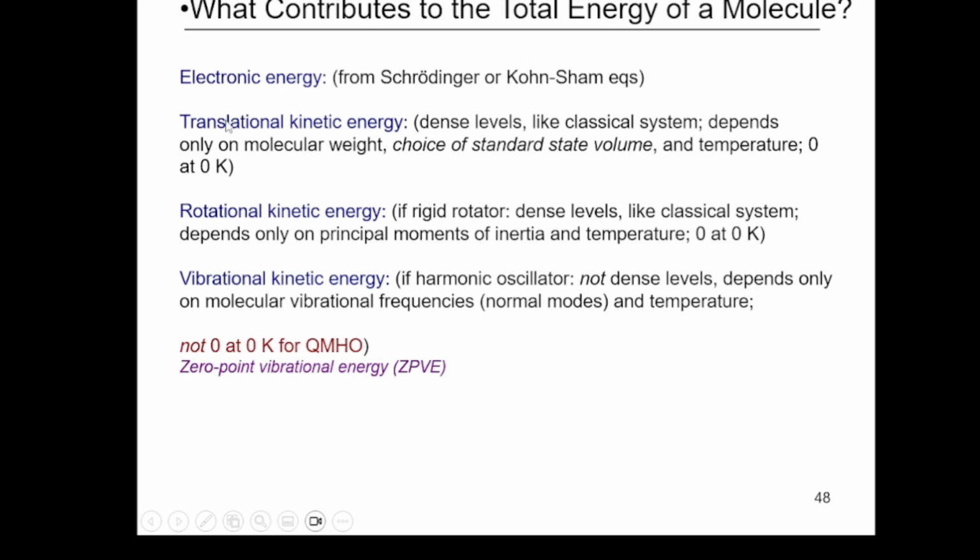One thing common between translational and rotational kinetic energy is that you don't need to do any quantum mechanical calculation. They can simply be calculated from the classical system, based on molecular weight here and based on moments of inertia.